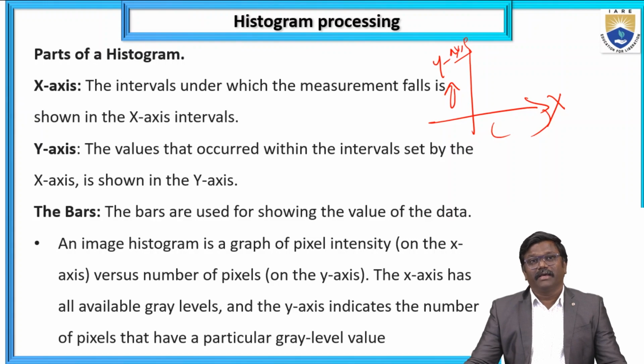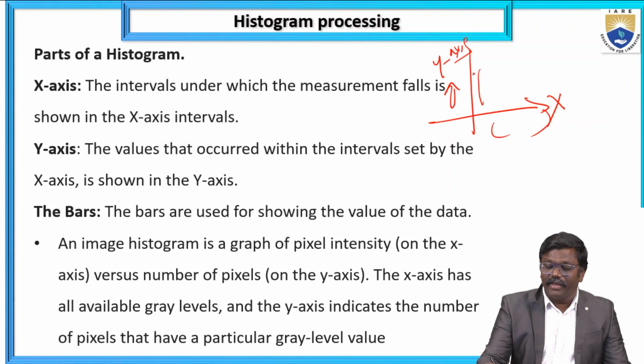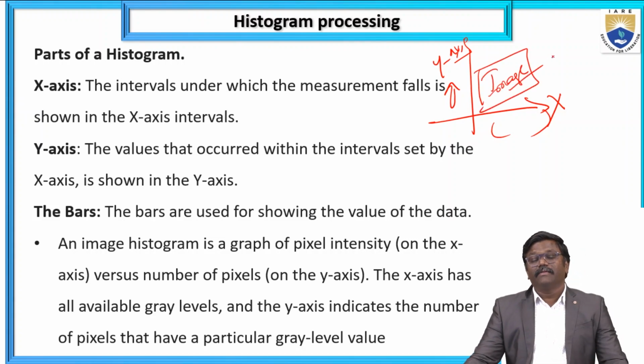So the x-axis and y values vary only in terms of the image, which we consider in terms of pixels and their intensity values.